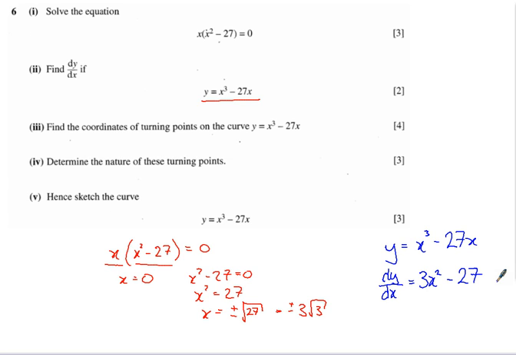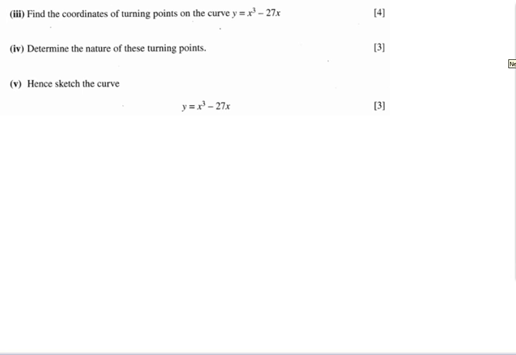So part 3, find the coordinates of the turning points on that curve. Well, we've already seen that dy by dx is equal to 3x squared minus 27. And that's very important, because when we want to find turning points or stationary points, we know that the gradient is 0 at those points.